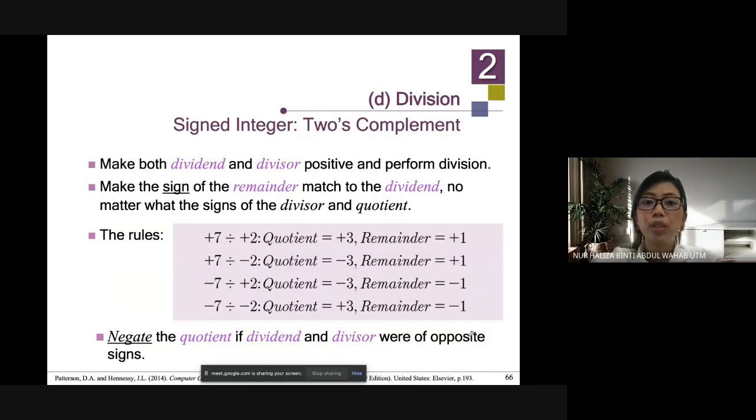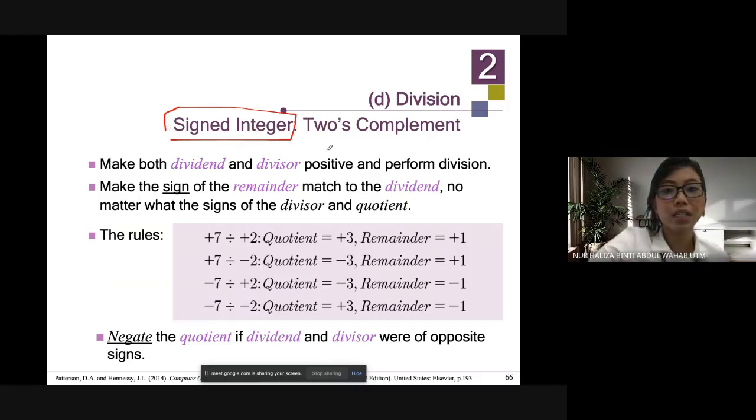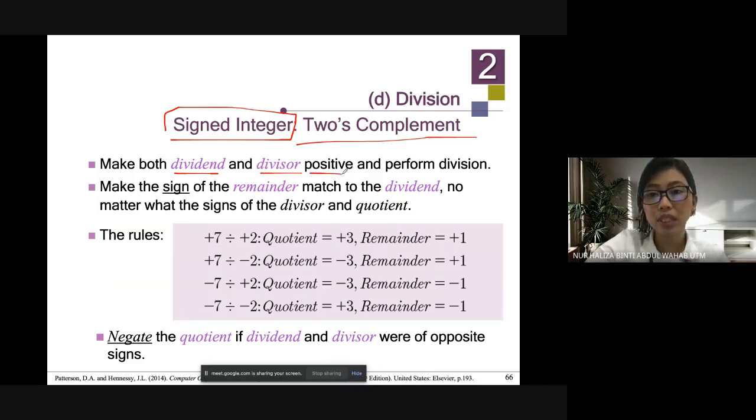And the problem will come in when you have signed integers, where you basically use the two's complement to make both the dividend and divisor positive and perform the division. Why do you need this? This is the objective: make the sign of the remainder match the dividend, no matter what sign the divisor and the quotient have. So you need to make it similar.